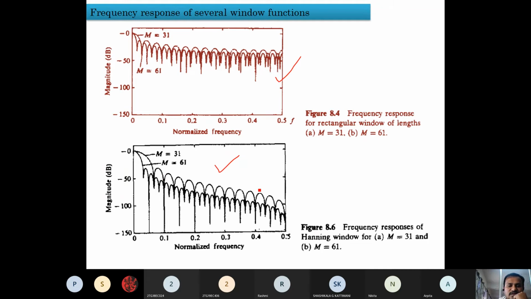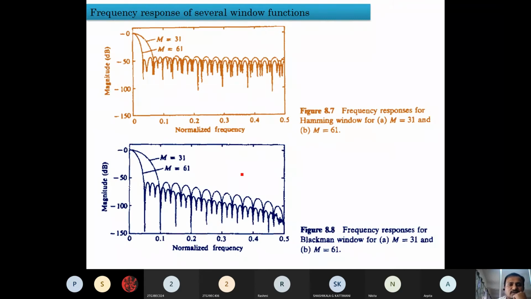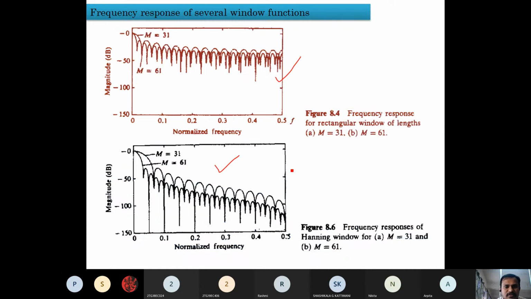Similarly, the Hanning window or Hamming window, then Blackman windows. Constant and ripple variations.